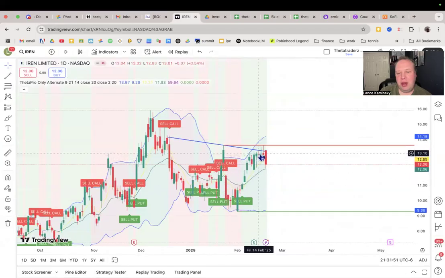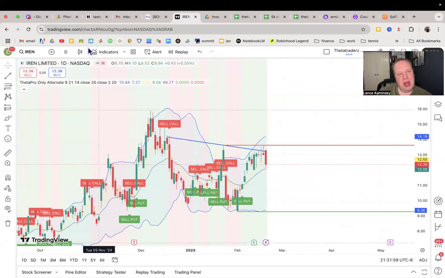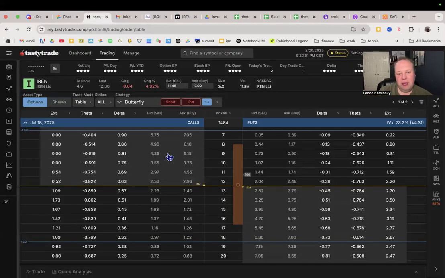It had a good uptrend, and then we had a fairly big down day. So I'm probably going to sell a little bit further out on the money just to get decent premium there. This stock in general has pretty high implied volatility. That means the option premiums are pretty high compared to lower volatility stocks.